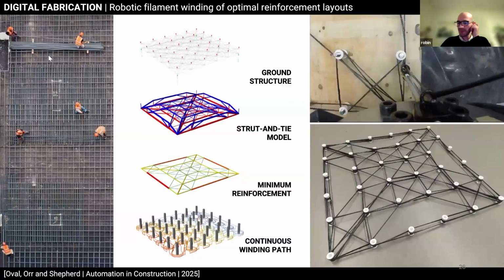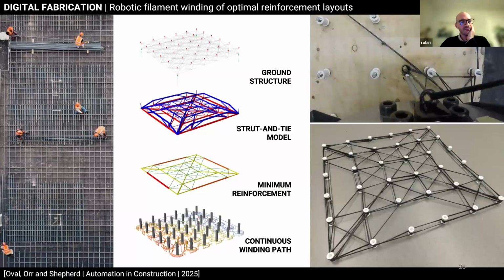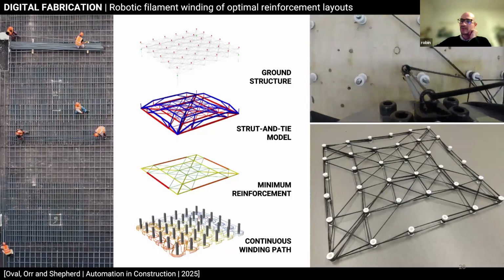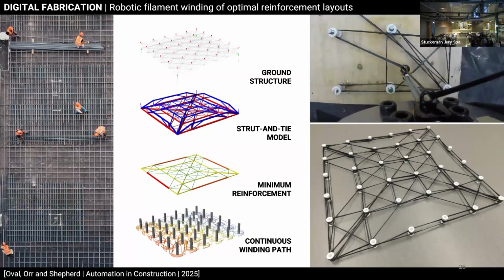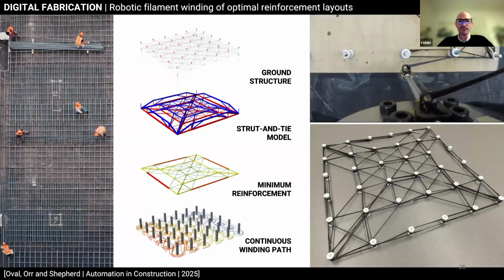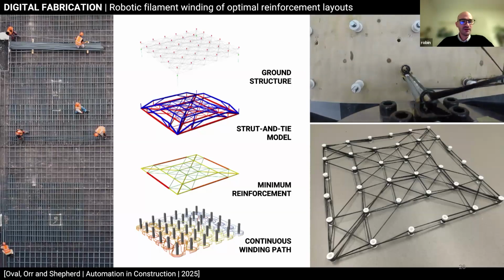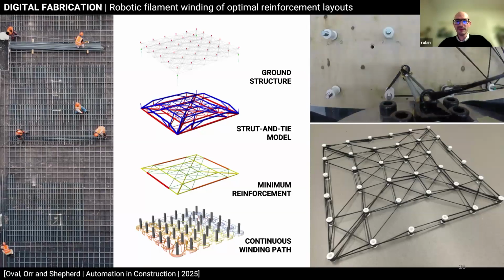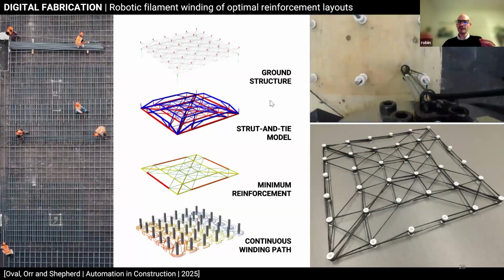Here is a more exotic material maybe, but there are people exploring the potential of carbon filament or carbon fiber in the construction industry. That's a more popular material in the automotive industry. What we like about it for structural design is that you use that flexible filament, as you can see at the top right, and you coat it in resin.